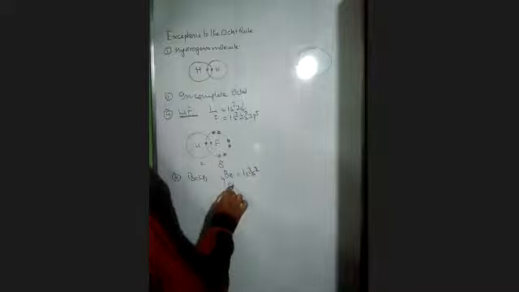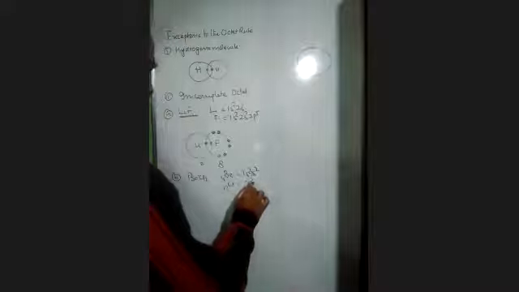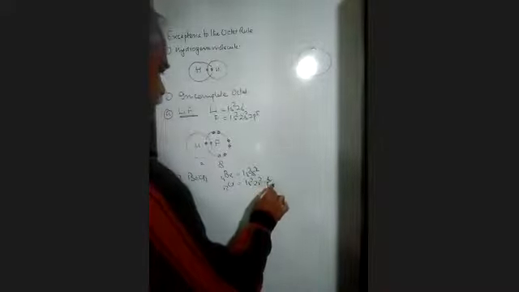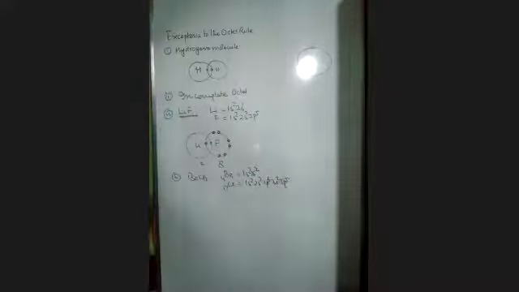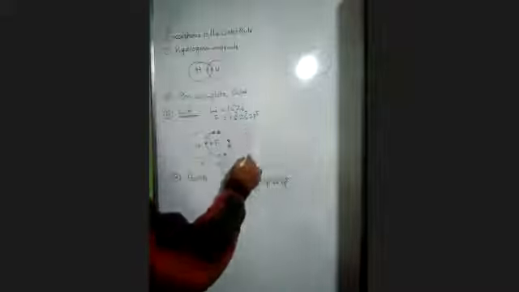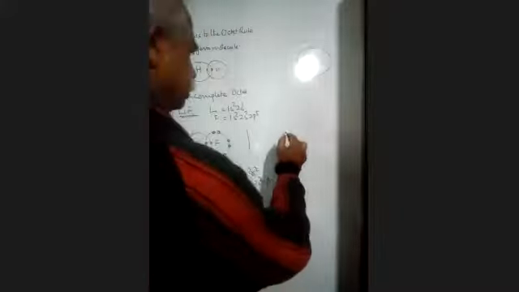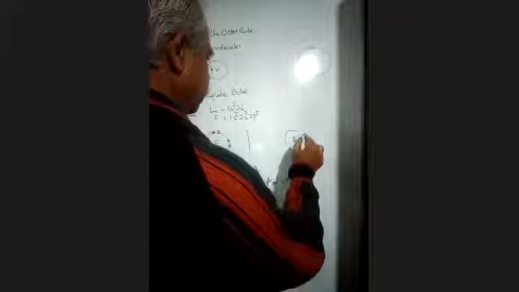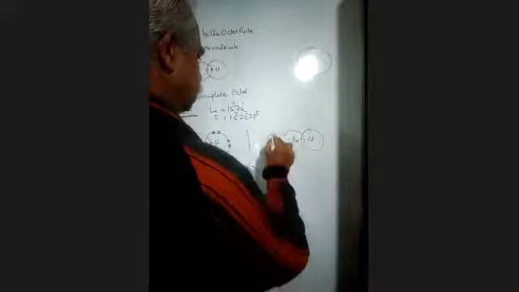And chlorine is 17: 1s2, 2s2, 2p6, 3s2, 3p5. I'm drawing the beryllium structure here. This is beryllium, this is one chlorine, this is another.